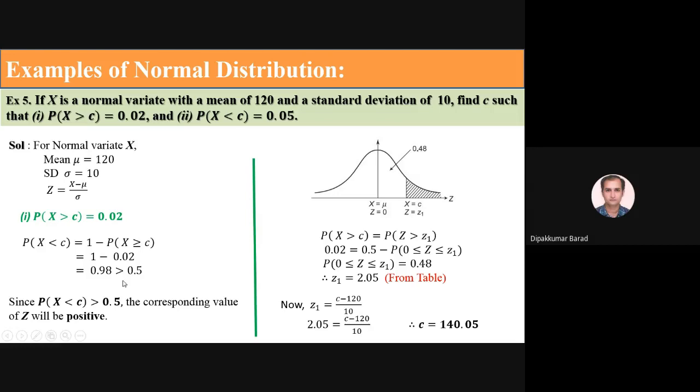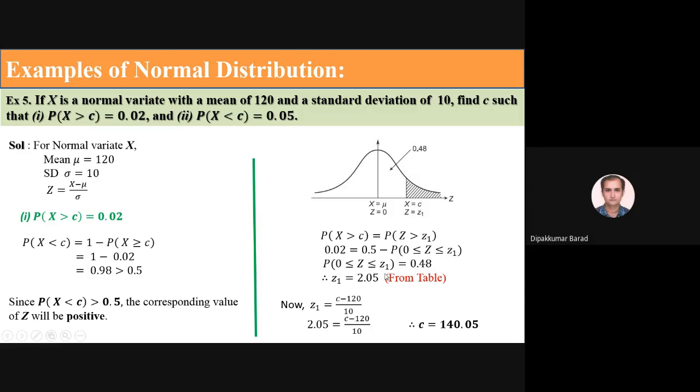So P of x less than C is 0.98, which is greater than 0.5, so I get Z is positive. Then P of x greater than C is equal to P of Z greater than Z1; these two are equal, as we know. We have given 0.02 here, and this can be represented from the graph: 0.5 minus the area from 0 to Z1, and from that I get 0.48.